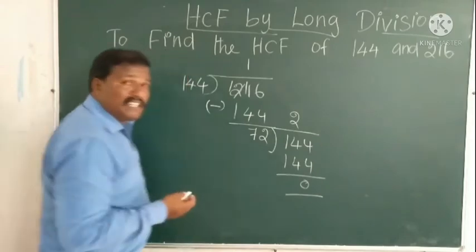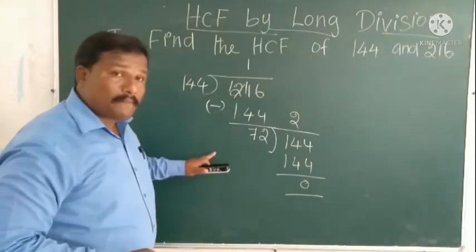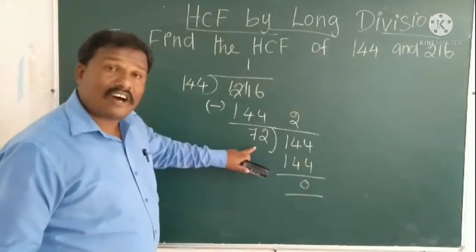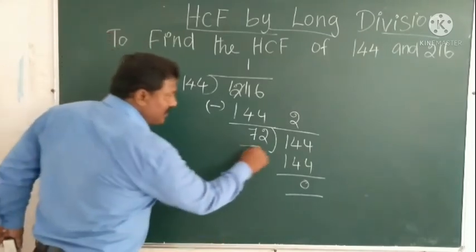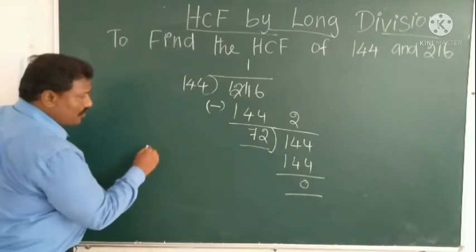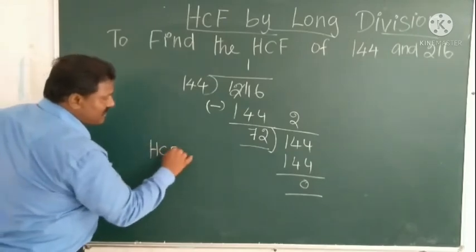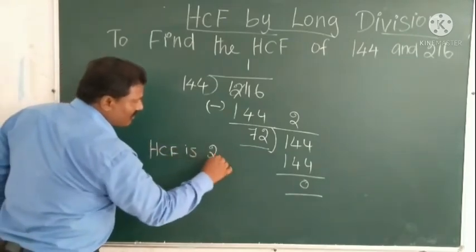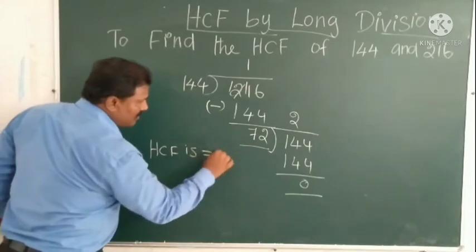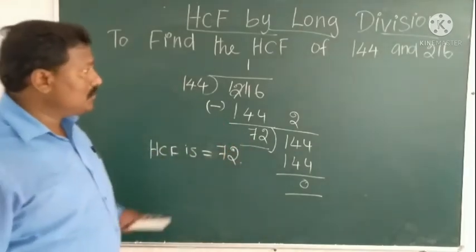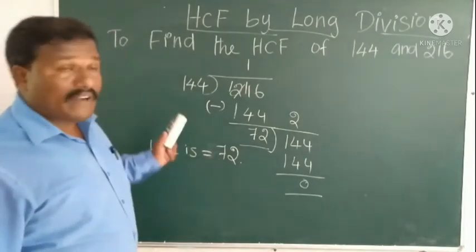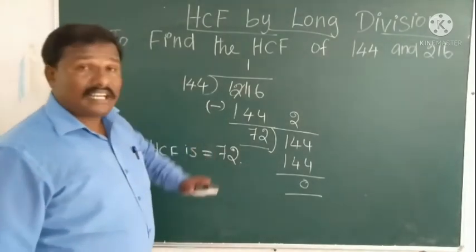So as per our steps, the last divisor is the highest common factor. If you see, the last divisor is 72. So the HCF is 72. This is the way you can find the highest common factor by using long division method.